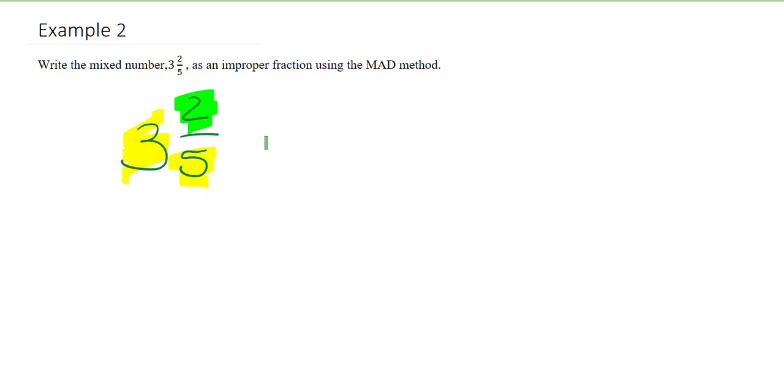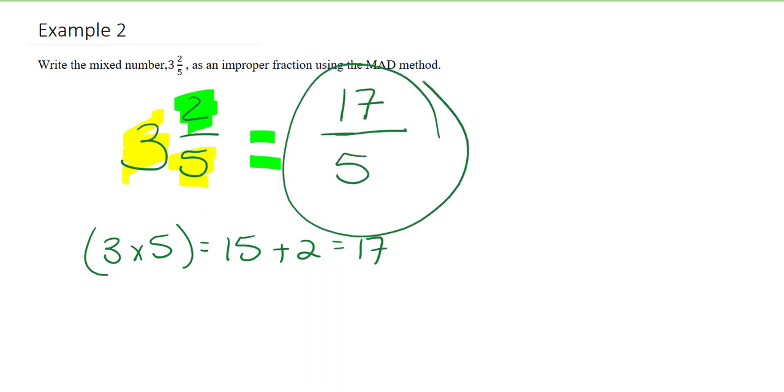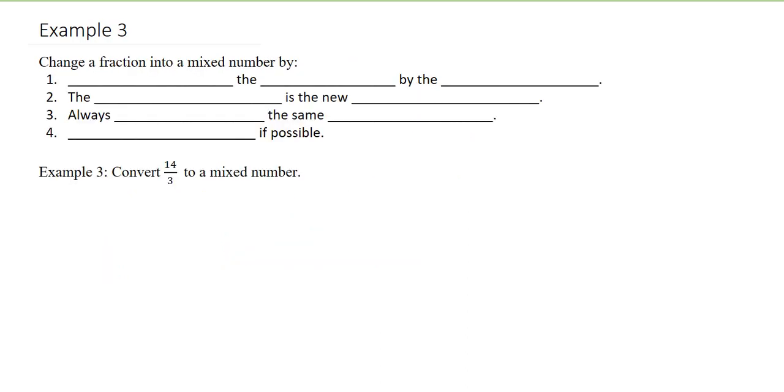So that would be 17, right? 3 times 5, 15, plus 2 is 17. Then we keep the denominator, so that would be 5. So that's our solution.